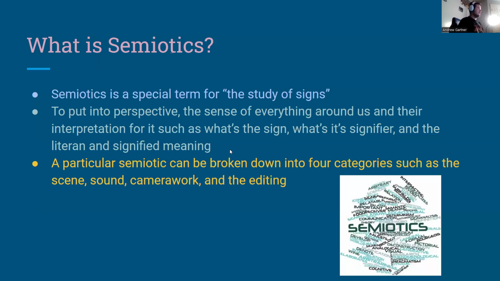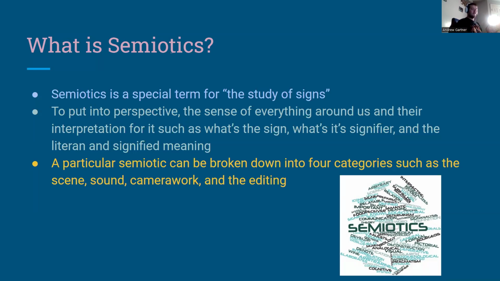So what is semiotics? Semiotics is a special term for the study of signs. To put it into perspective, you're getting a sense of everything around us and their interpretations of it. So it's like, what's the sign? What's the signifier?